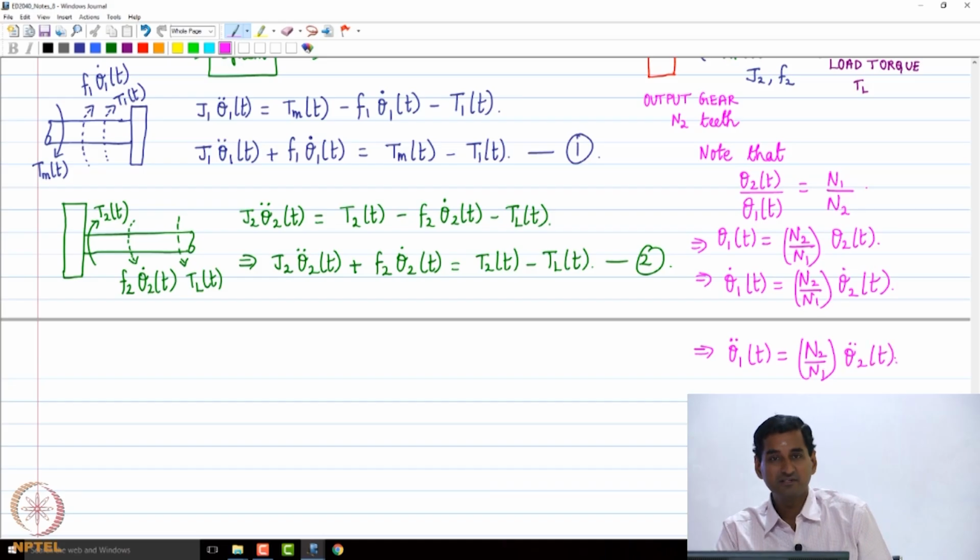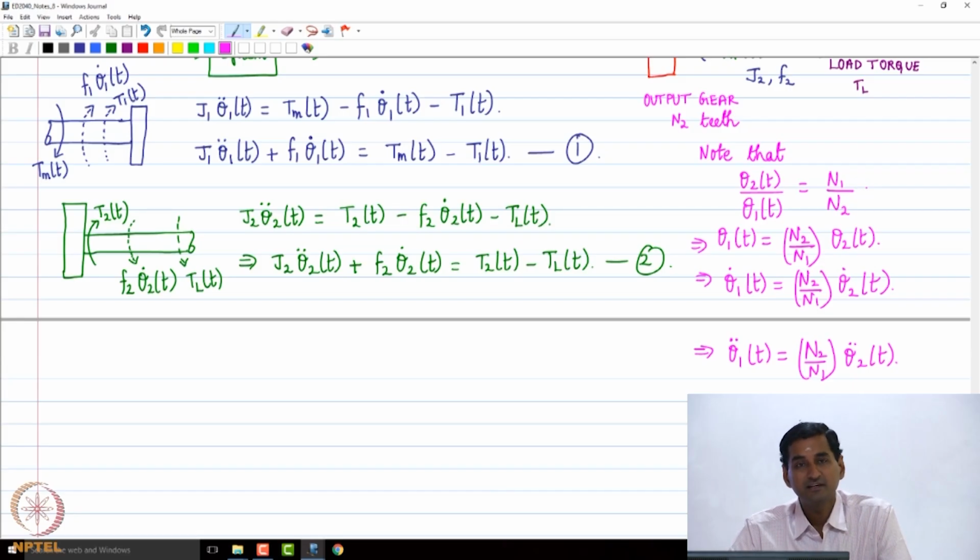You can write all these equations. So that takes care of theta 1. I can eliminate theta 1 double dot and theta 1 dot from equation 1. But now, I need to figure out what to do with T1 and T2.